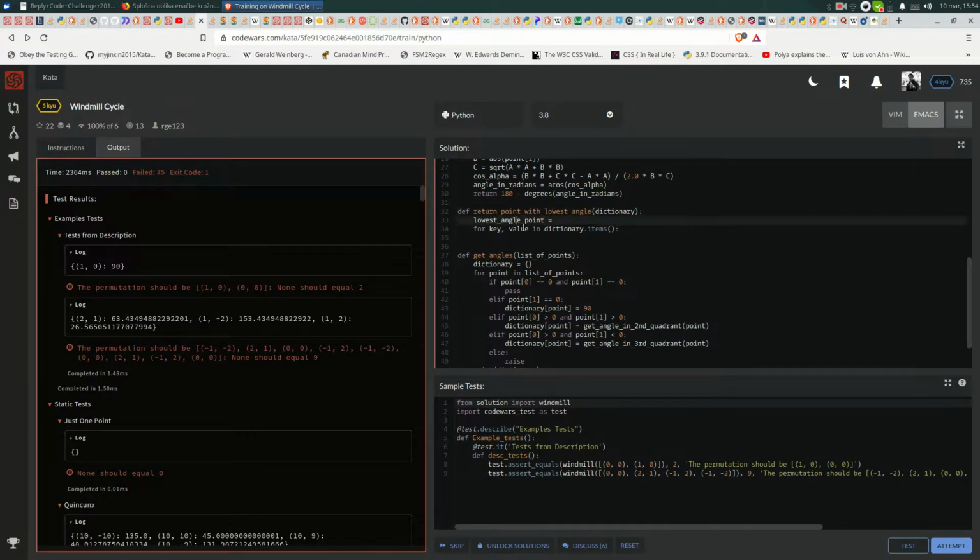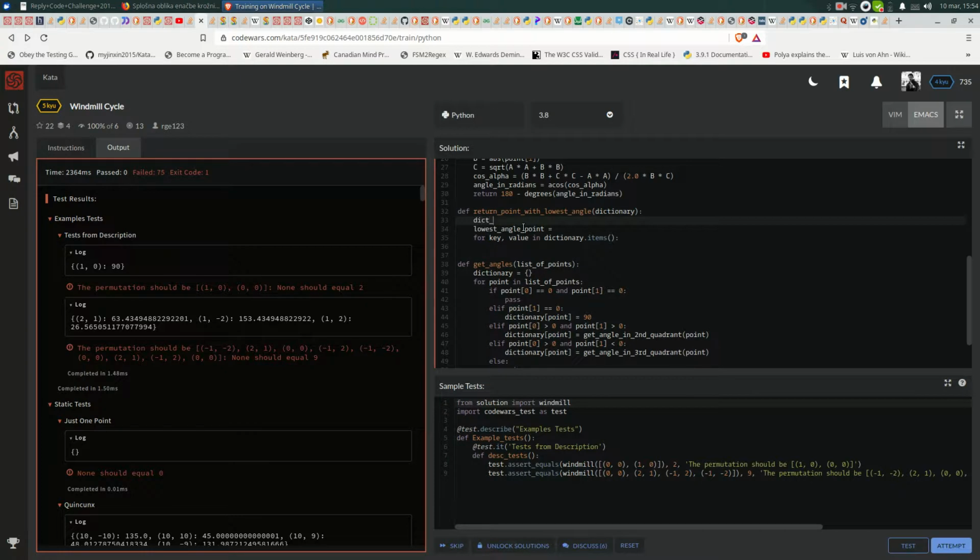So we say, let's say, dict as a list of tuples equals, but that doesn't make sense.